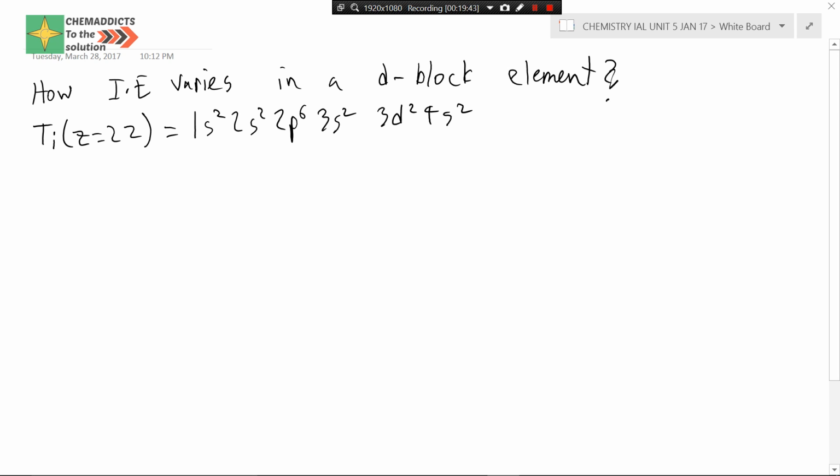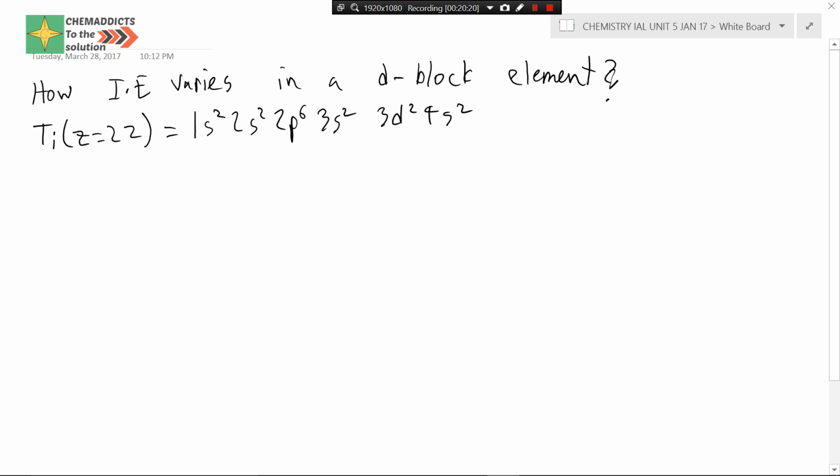How does the ionization energy vary from shell to shell? We have discussed this earlier in unit 1 of chemistry, that was about s block or p block elements, but now we are discussing the trend in a d block element. So this is a little bit different from the previous concept.